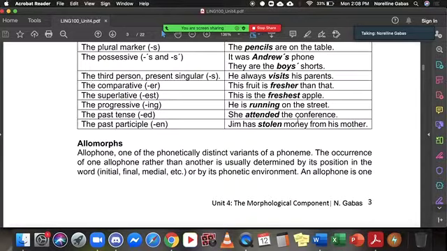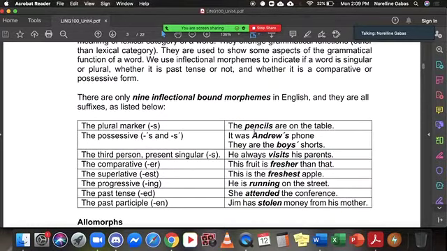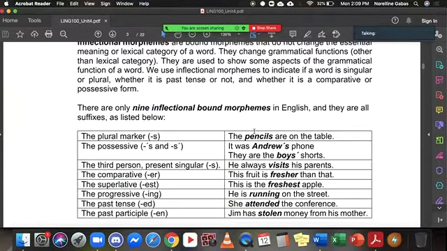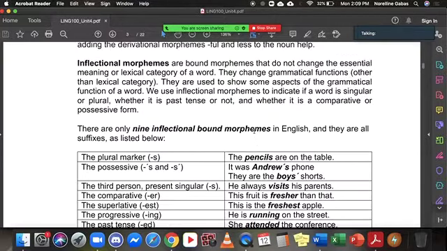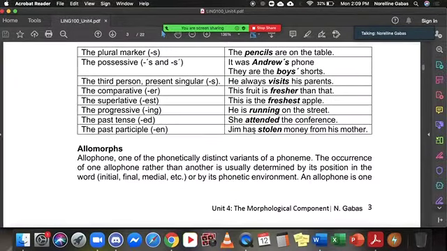Yung present participle na singular na past participle, but on the present form, yun yung has.